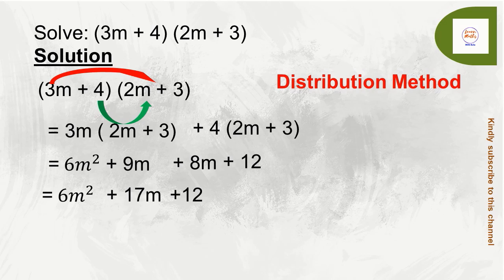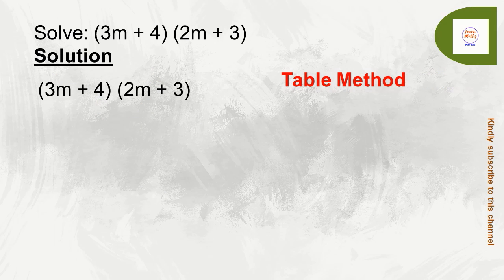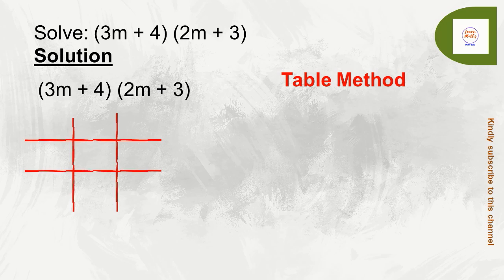So let's go on to the third method called the table method. Apologies. So the table method is simply using a table to multiply. This is for people that love to visualize whatever they are doing.